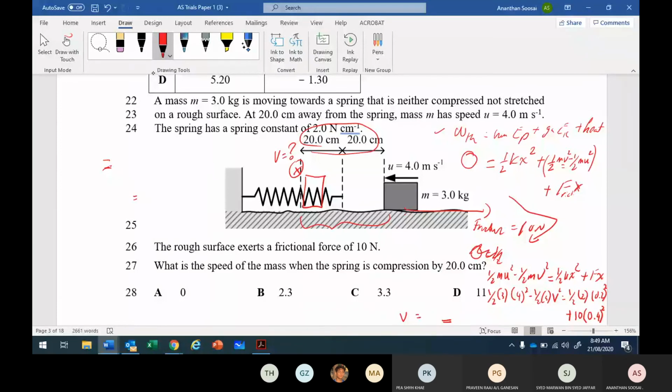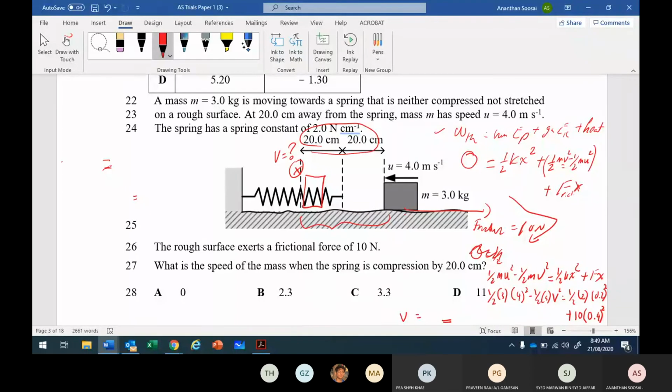Half times 3 times 4 squared. 4 squared is 16, times 3 is 48, half is 24.